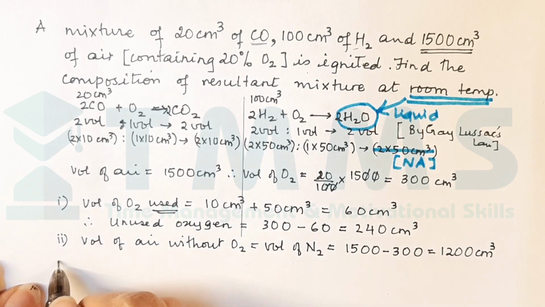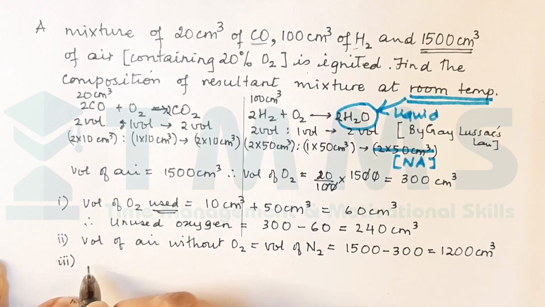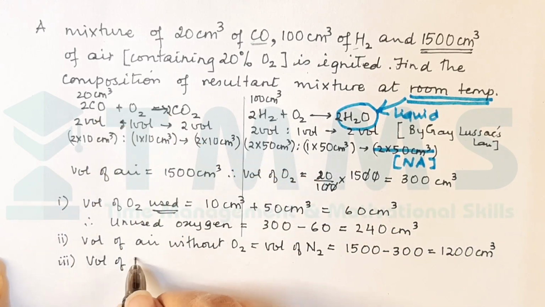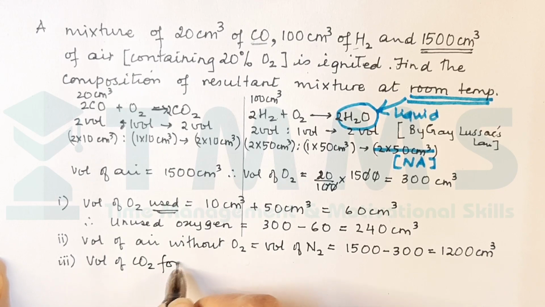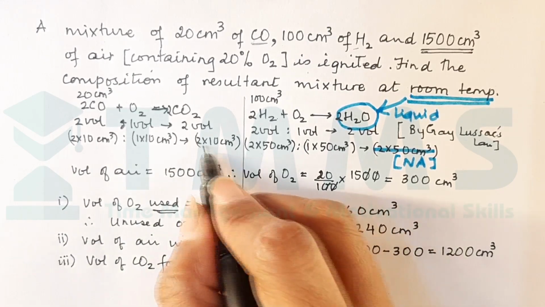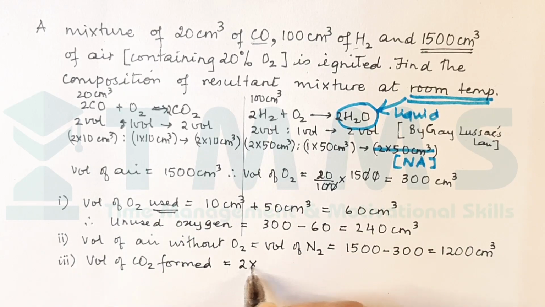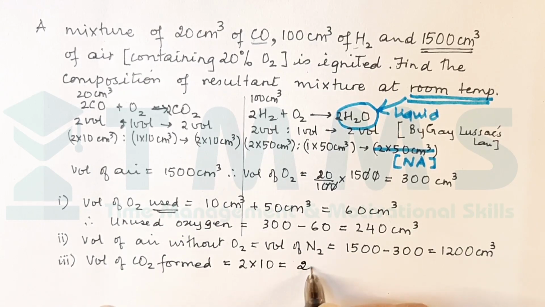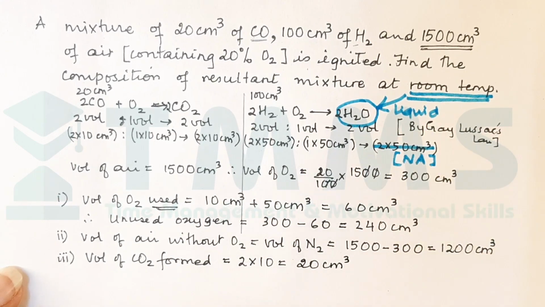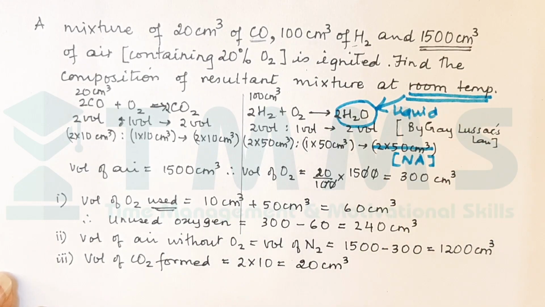Now what else do we have? We have volume of, in this equation, CO2 formed. That will be equal to, look here, 2 into 10, which means 20 centimeter cube. And from this equation, we do not have any product.